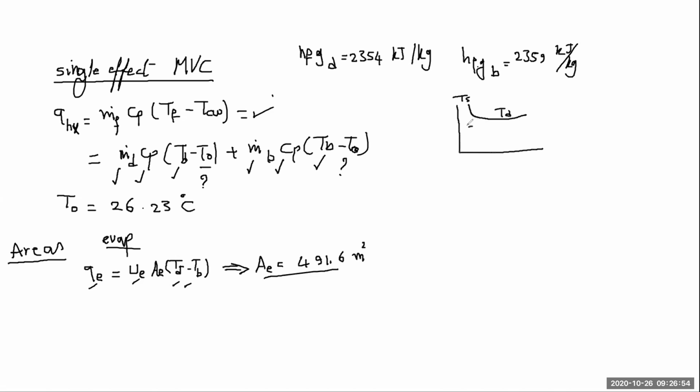So for the change of phase, the constant temperatures are basically TD and TB. TS has only a sensible part, which if you want to calculate that, then you need to calculate the area based on the log mean temperature difference. But the constant high temperature here is TD. Did you get my point?